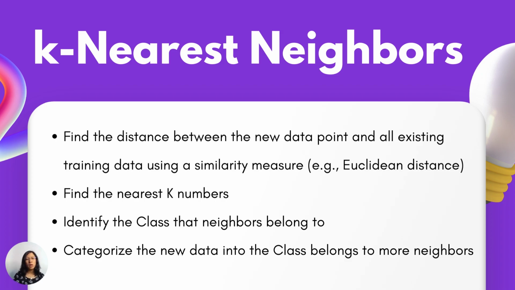Let's say we want the three nearest neighbors, then we find the three neighbors closest to the new data point. Then we check which class these neighbors belong to, and we categorize the new data into the class that has more of the neighbors. This is how KNN works.